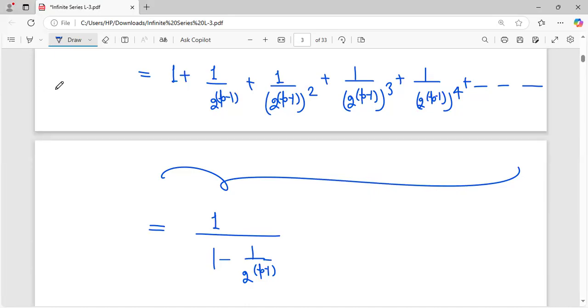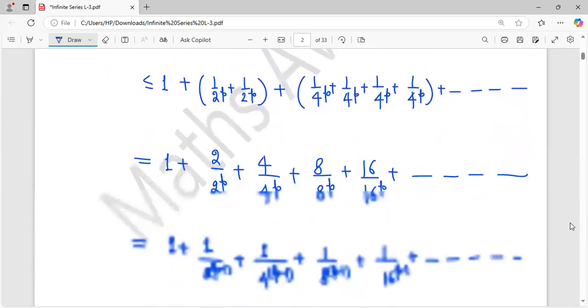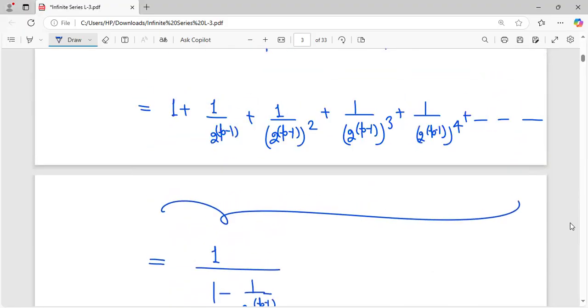So if this value is finite, this implies the geometric series is convergent, because the common ratio, 1 upon 2 to the power p minus 1, is less than 1.